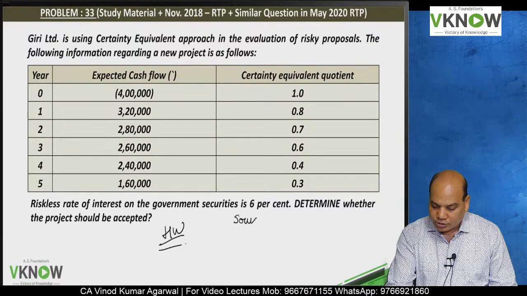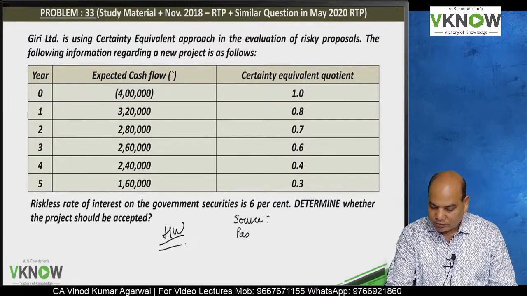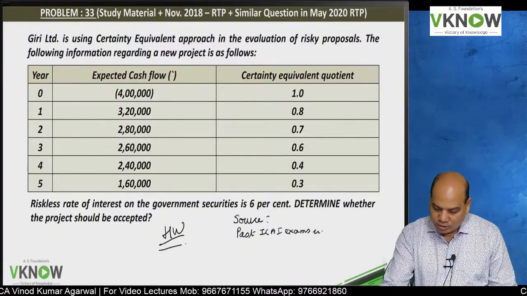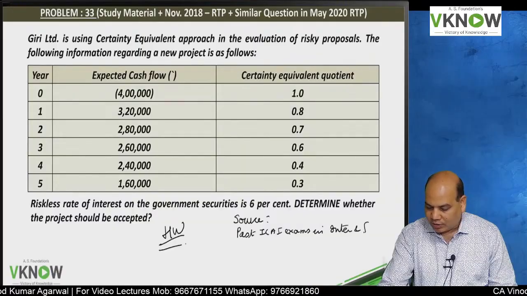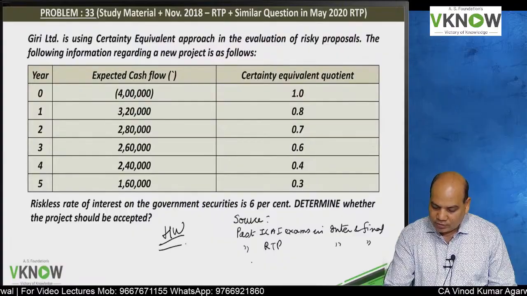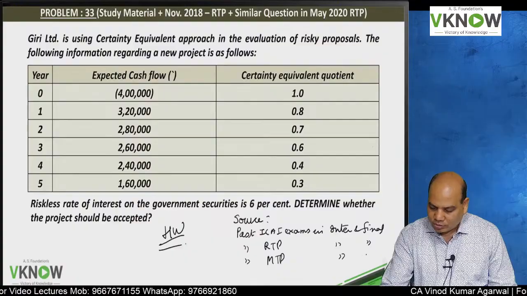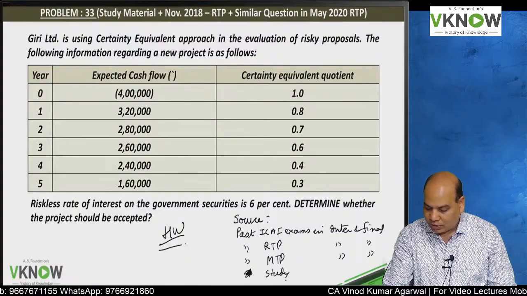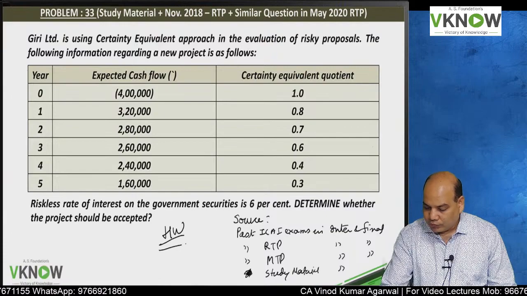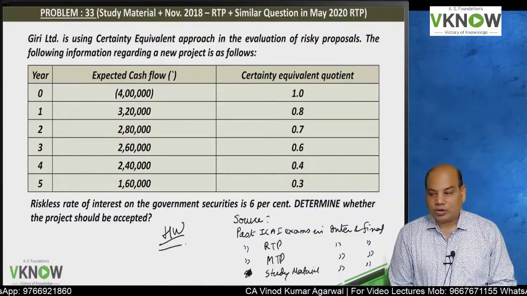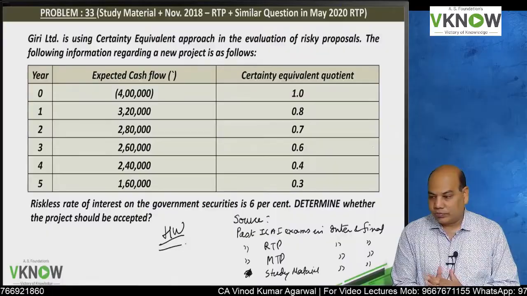The source of these questions are past ICAI exams in intermediate and final, past RTP of inter and final, past MTP of inter and final, past study material of inter and final, because this topic was there in intermediate also some time back. It was there in the old to old course also.